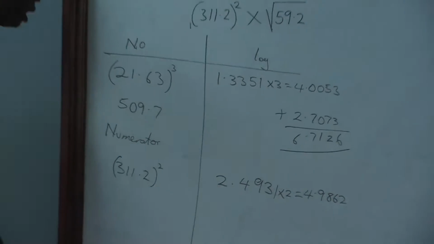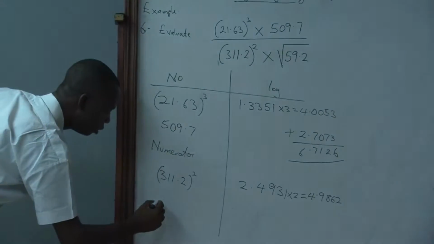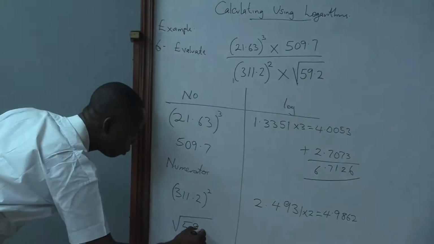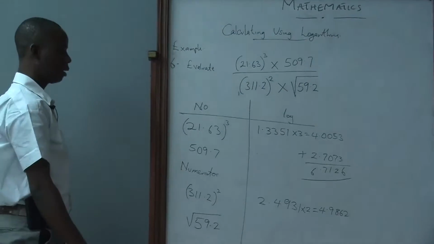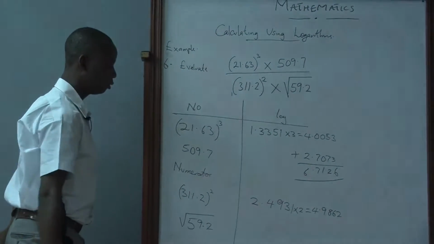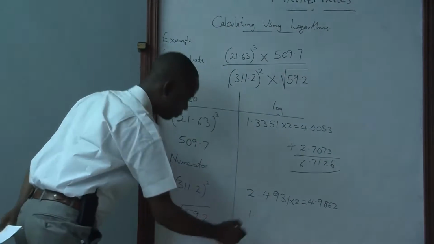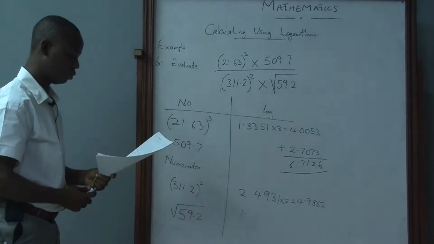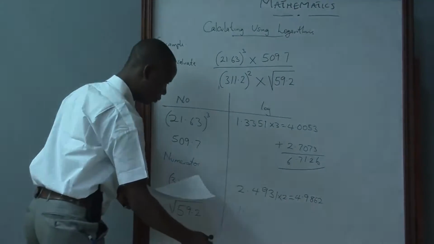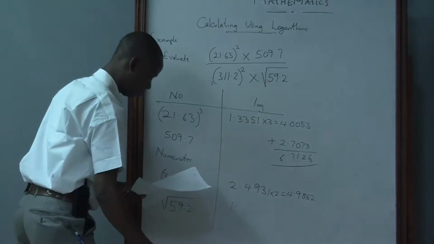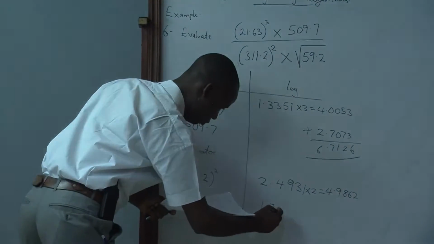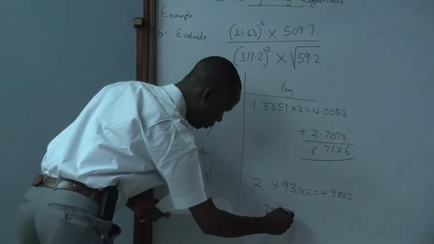We'll come to this last one, where we have the square root of 59.2. The characteristic of 59.2 is 1. Then we look for the matrix, that's 59 under 2. 59 under 2 will give us 7723.